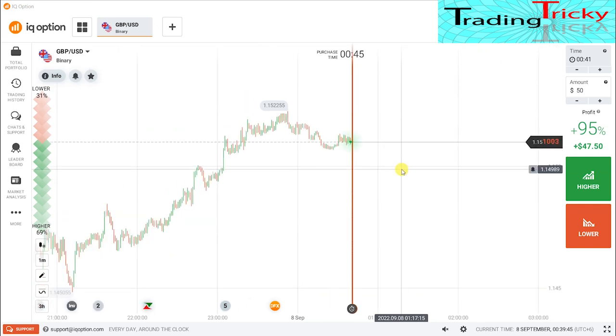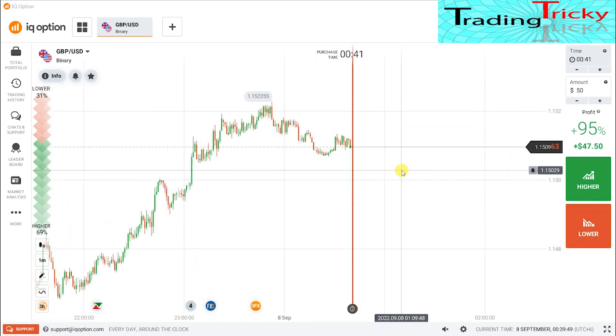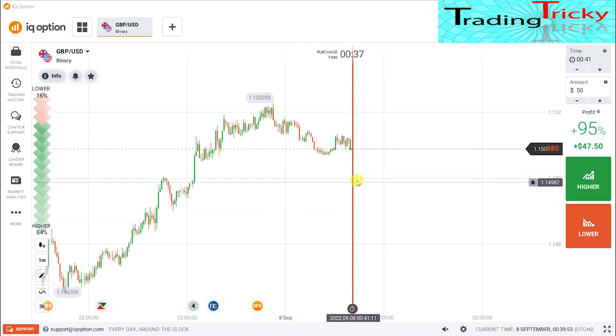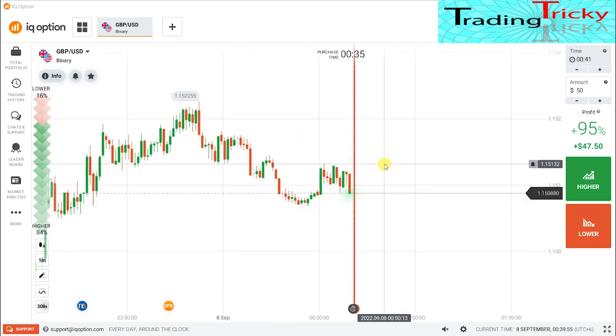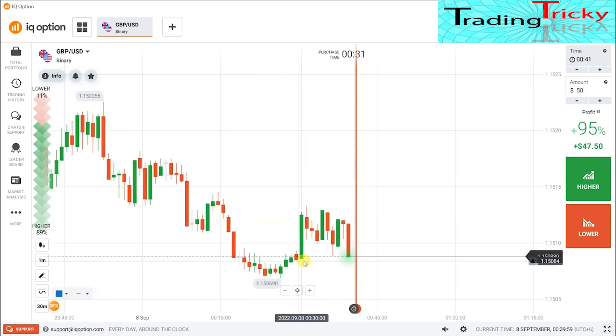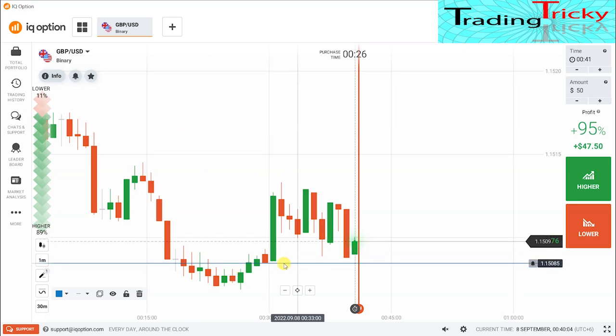This is the Euro GBP pair, and we can see the market is in an uptrend, but here we have some sellers' momentum. Okay, let me draw the level first. This is a very good level to trade.